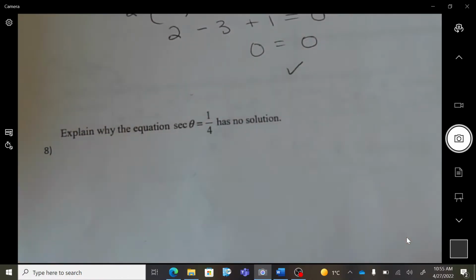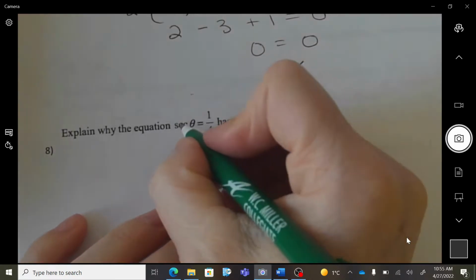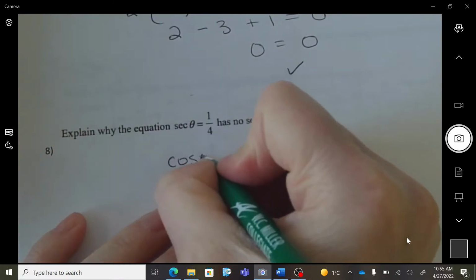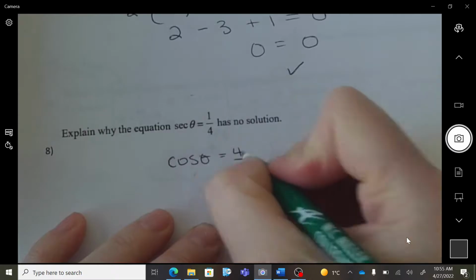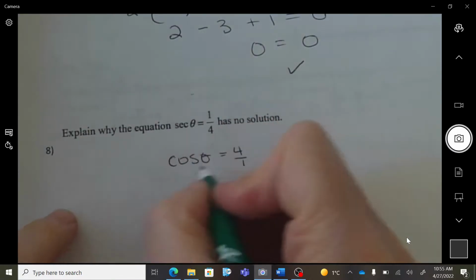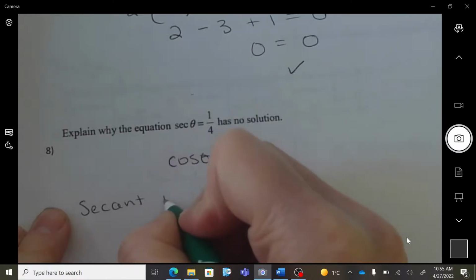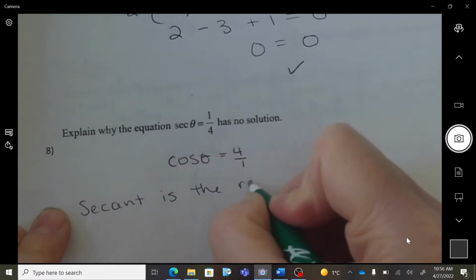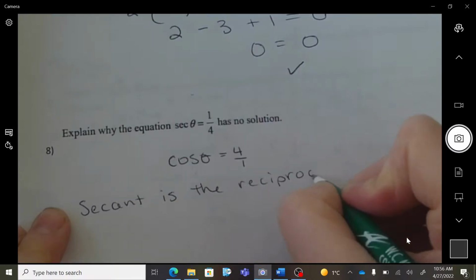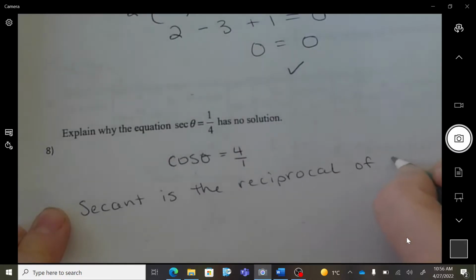Explain why this has no solution. Well, secant is the opposite of cos. Okay, so secant is the reciprocal of cosine.